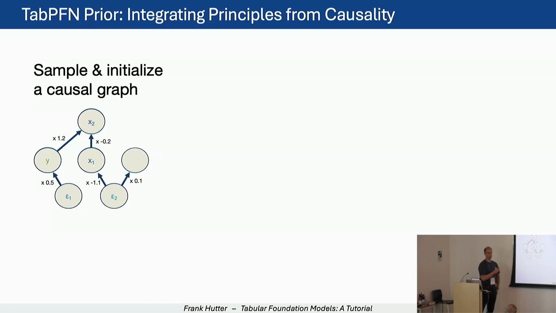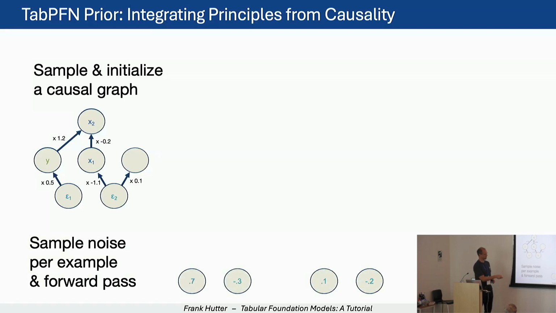And then there are these input nodes, here denoted as epsilon. You can think of this structural causal model as denoting a function, a data set, and we can sample data points from this data set by instantiating the inputs of the structural causal model.